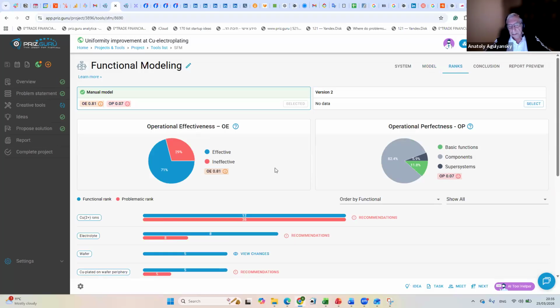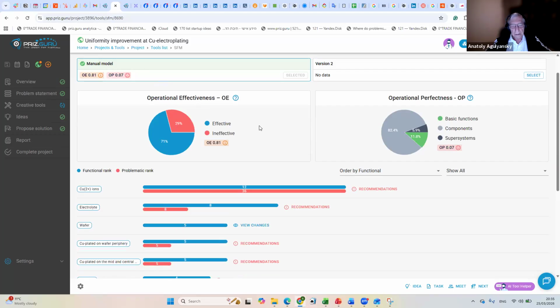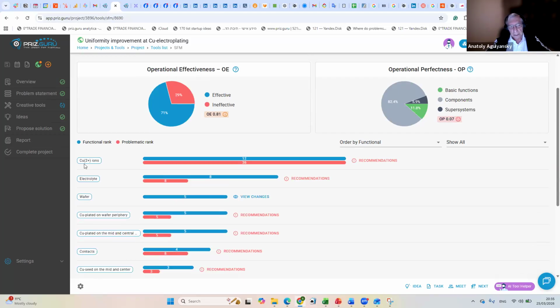and the ranking platform will automatically calculate the main parameters of this system, this electroplater, which are less important. But what's important, it calculates functional and problematic rank. And have a look.